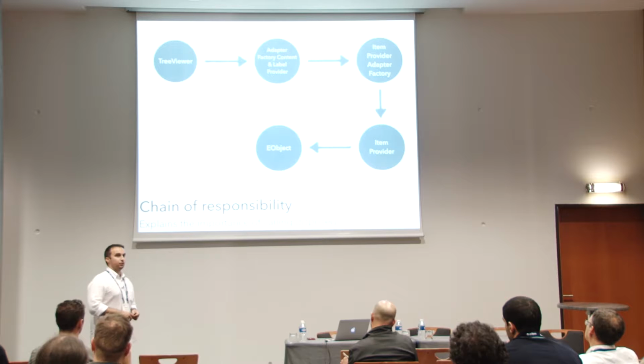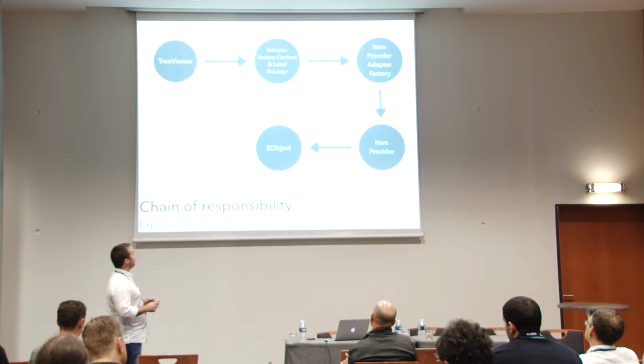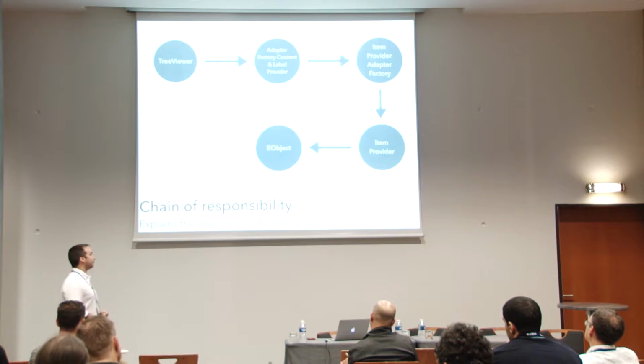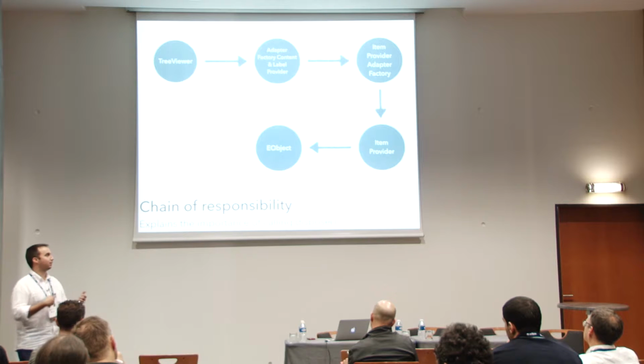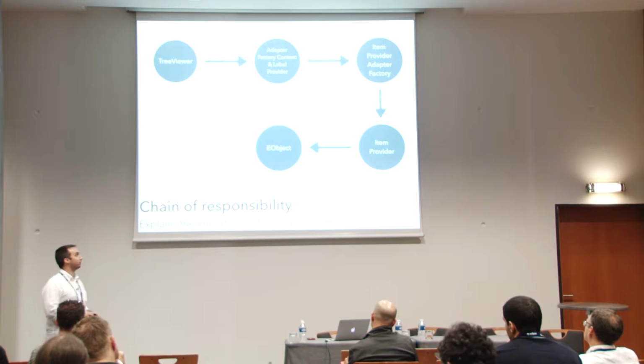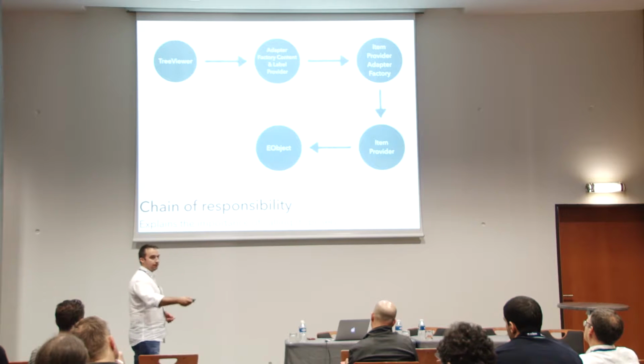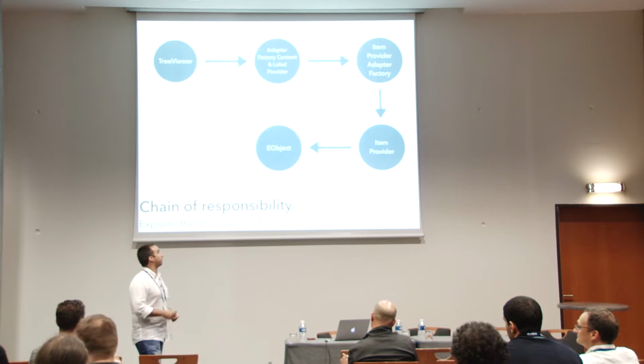Those classes do not need to be customized. Most of the time when you start with EMF, you are customizing those classes, but actually they don't have to, because what they are doing is delegating to some more powerful framework.